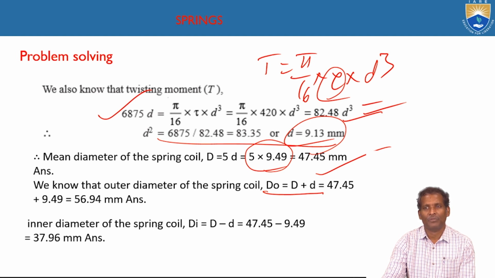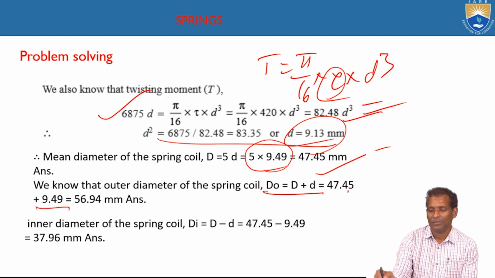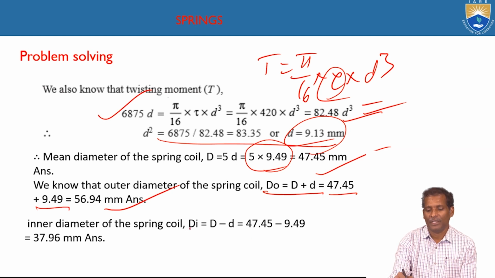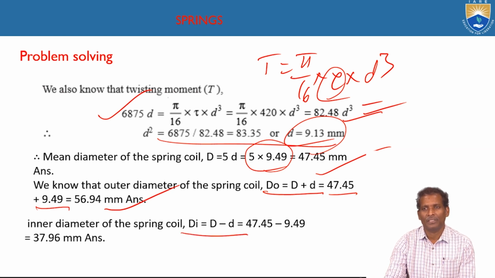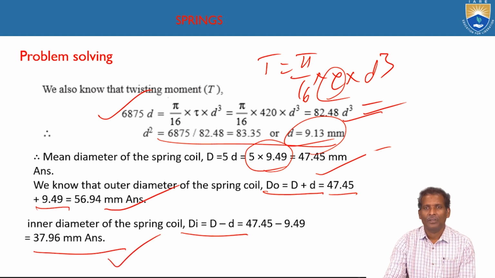So 47.45 plus 9.49, the standard value to substitute here. So we'll get 56.94 mm. So now if you know the outer diameter, you can calculate the inner diameter of the spring coil, Di, is equal to capital D minus small d. So that is 37.96 mm.